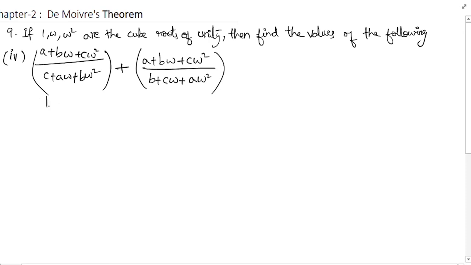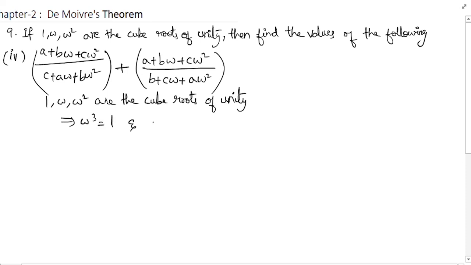Here 1, omega and omega square are the cube roots of unity, as per the question. So that implies omega cube is equal to 1 and 1 plus omega plus omega square is equal to 0.